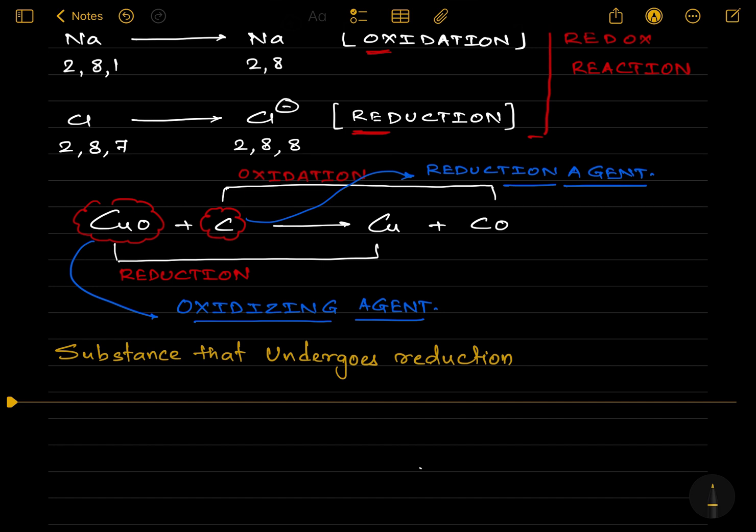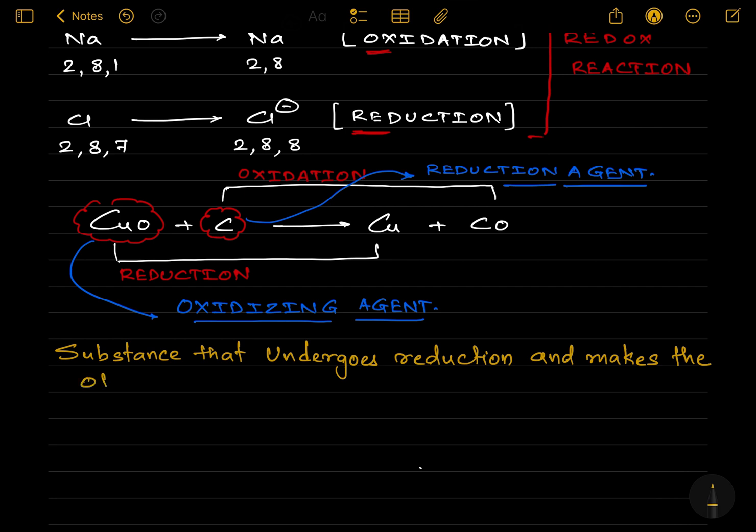So a substance that undergoes reduction and makes the other species undergo oxidation. So if I am an oxidizing agent, I myself will undergo reduction and I would make the other species undergo oxidation.